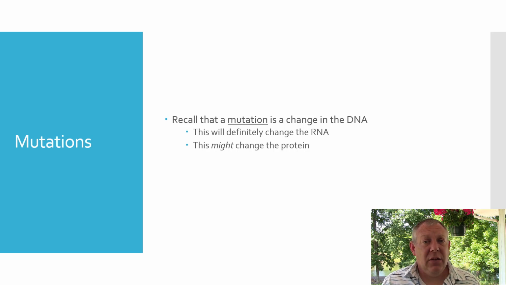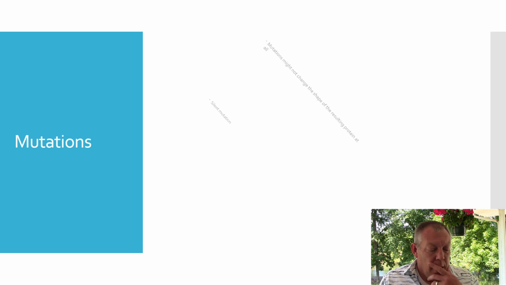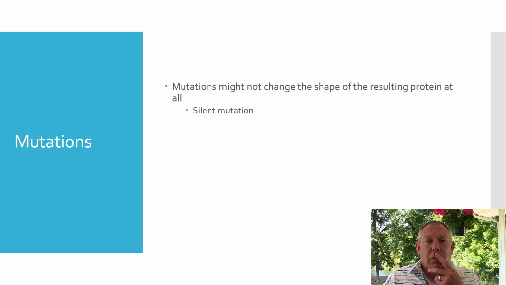Now, this might change the resulting protein, or it might not. And so, some mutations don't change the shape of the protein at all. And so the protein functions as it always did, even though there was a mutation. We call this a silent mutation. It's a change in the DNA that has no effect on the protein.